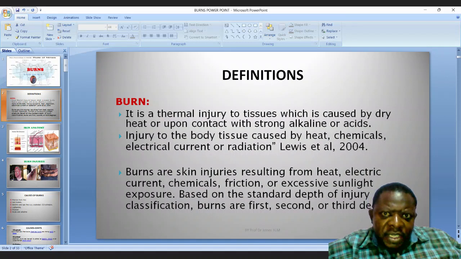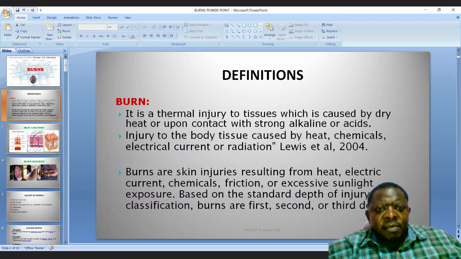The last definition that we can look at for burns is that these are skin injuries that will result from heat, electrical currents, chemicals, or even friction or excessive exposure to sunlight. So, based on the standard depth of injury classification, burns can be looked at as first, second, or third degree.